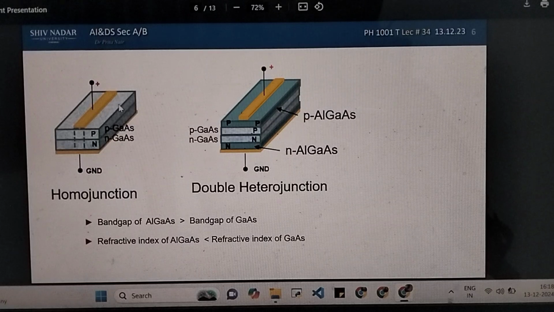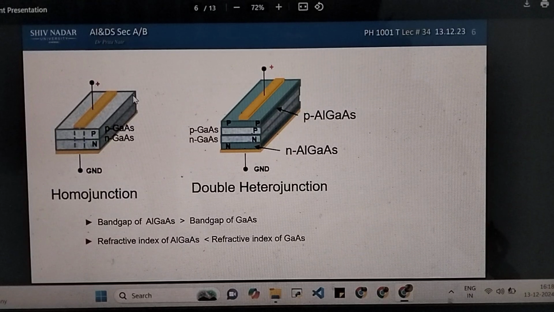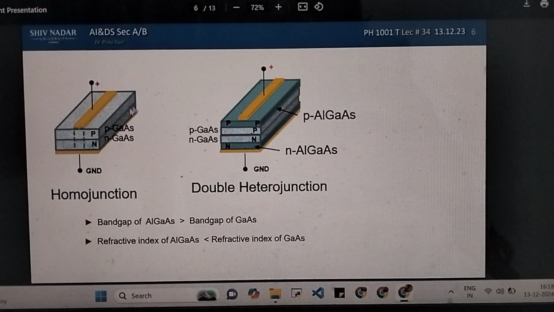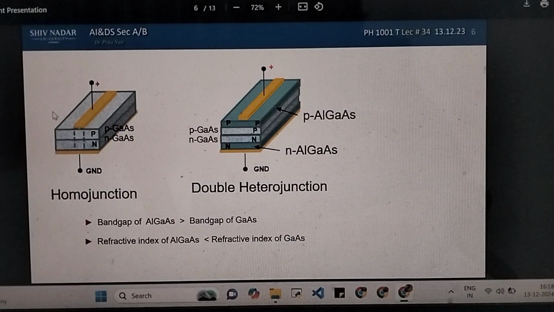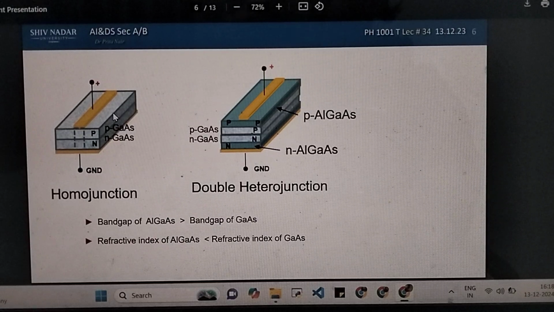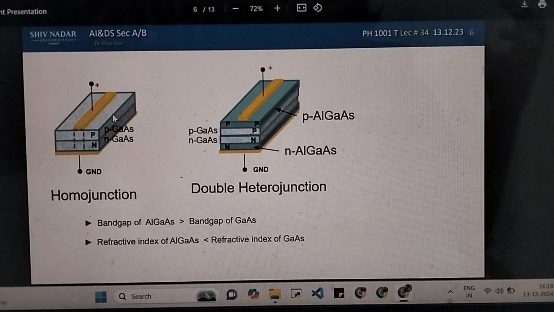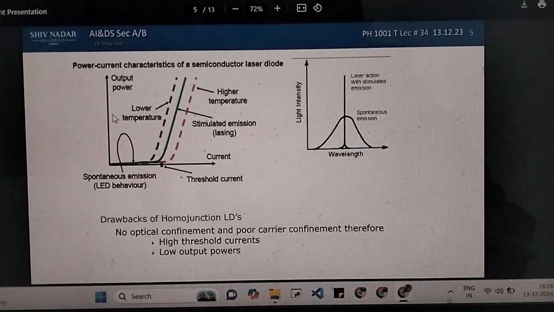So as long as they remain along this horizontal axis, this surface and the corresponding opposite surface will act as mirrors, reflecting back and forth. But what if they travel out through this upper or lower face or through this left or right face? That possibility is high in a homojunction diode. So optical confinement, the optical as in the photons, are not confined.